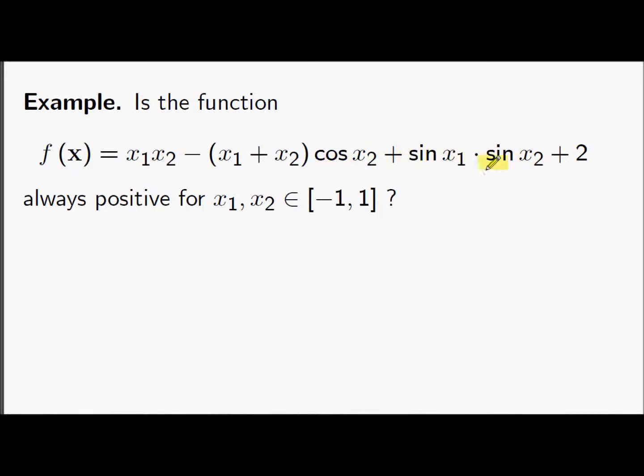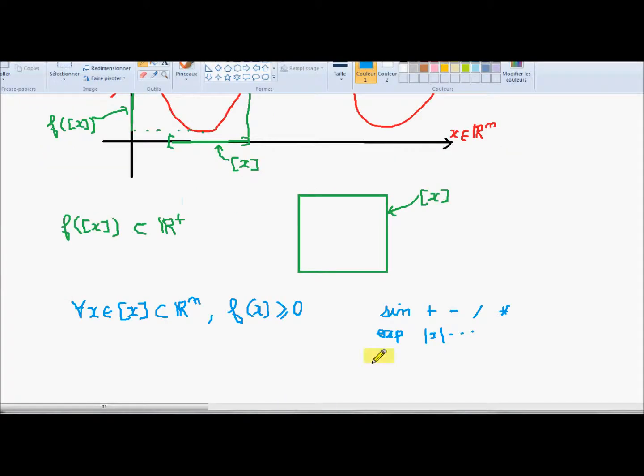And I want to know, or to prove, whether this is always positive for x1, x2 belonging to [-1, 1]. So this corresponds to a box in the x1, x2 space. How can I do this? For this, I have to introduce interval arithmetic.